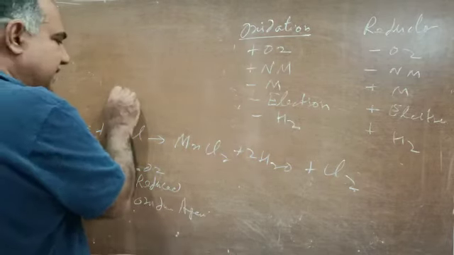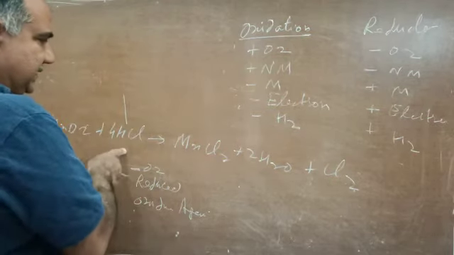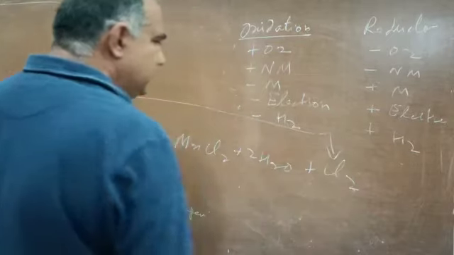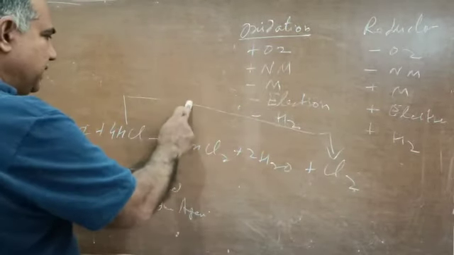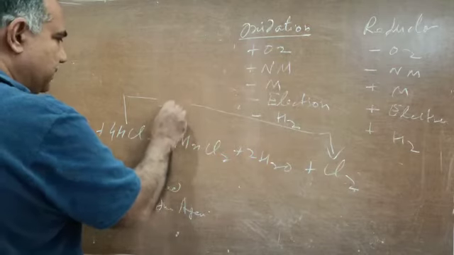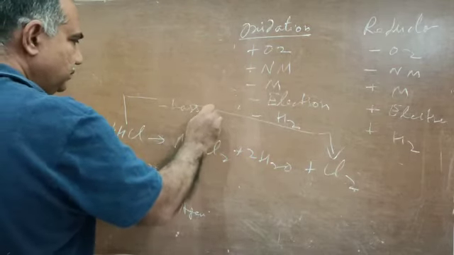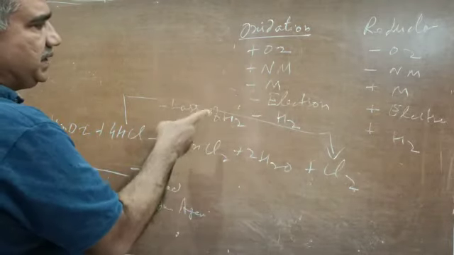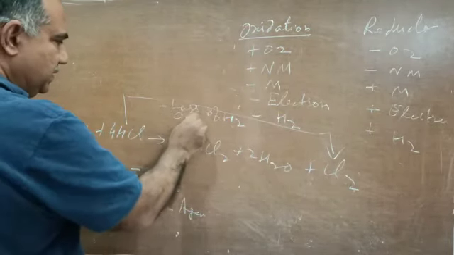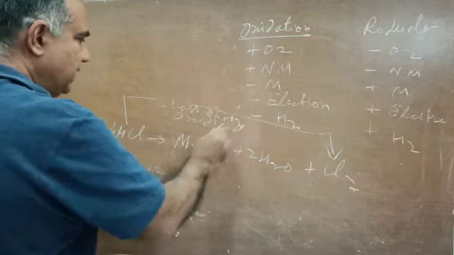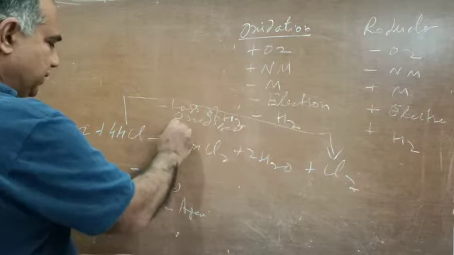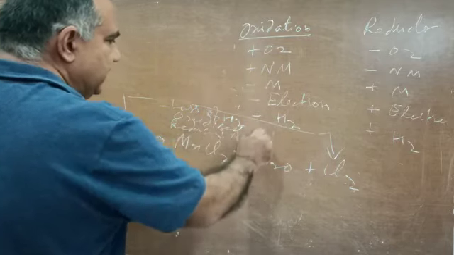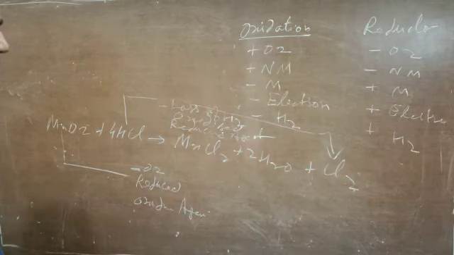And HCl has become Cl, so HCl has become Cl by loss of hydrogen. And loss of hydrogen by definition is oxidation. So this is oxidized, and if it is oxidized, this is the reducing agent. That was all about oxidation and reduction in terms of this.